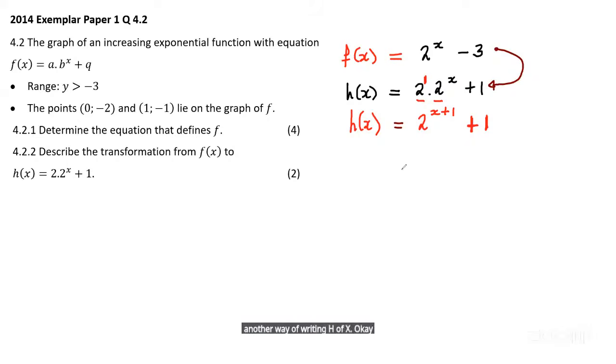But say our f of x is 2 to the power x minus 3. Your h of x is now 2 to the power x plus 1, plus 1. Let's start with the x plus 1. There was x.